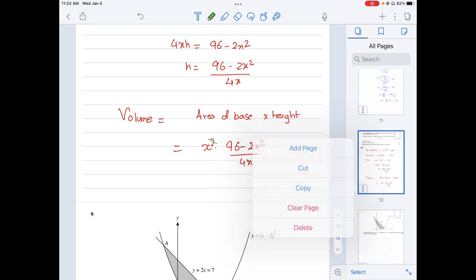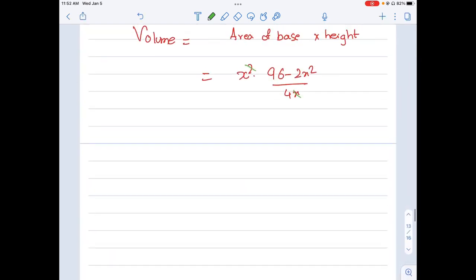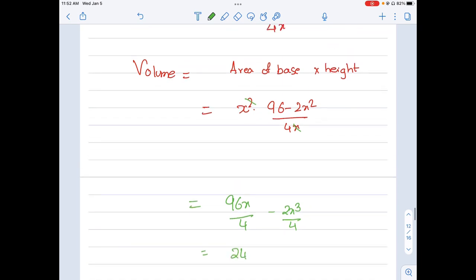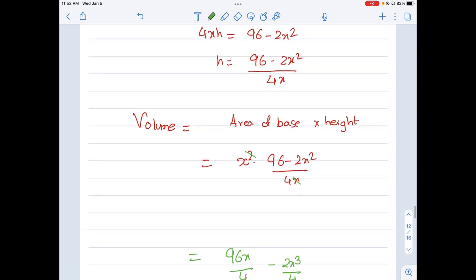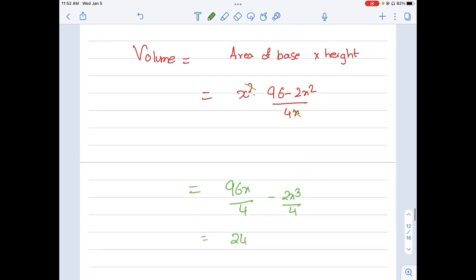So I add a page. Then it should be equal to 96x upon 4 minus 2x cube upon 4, which is 24x minus x cube upon 2.